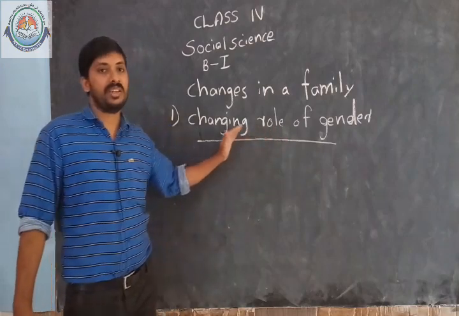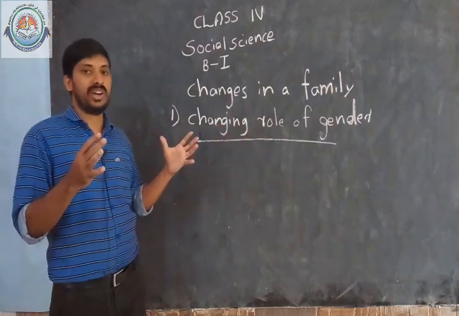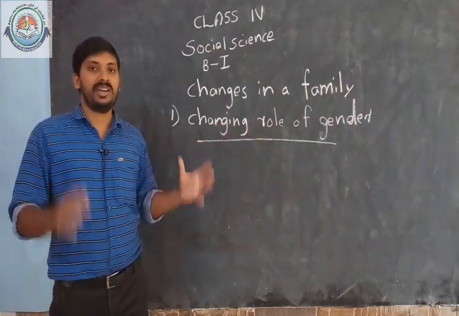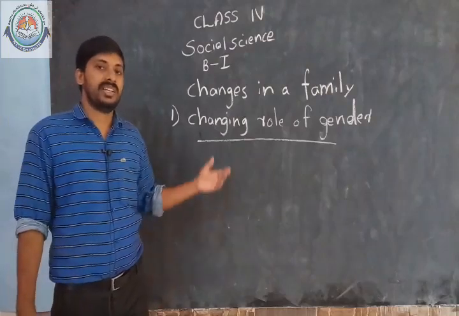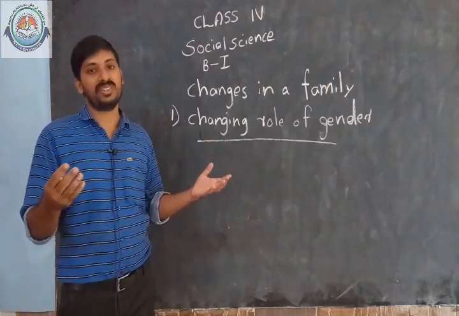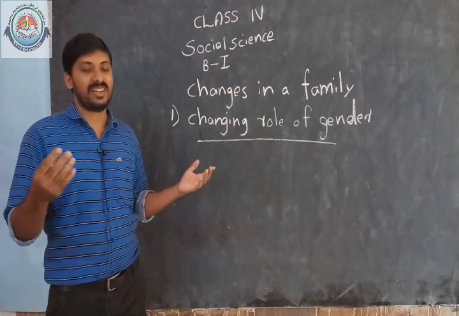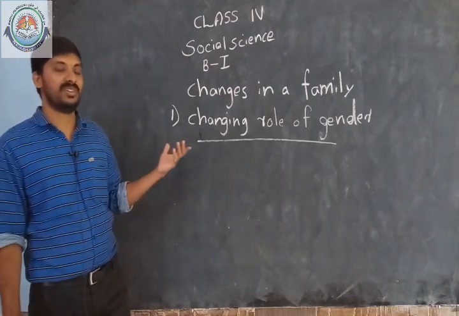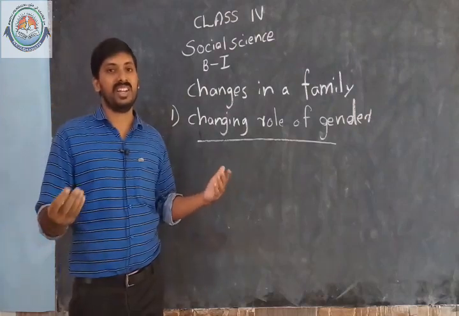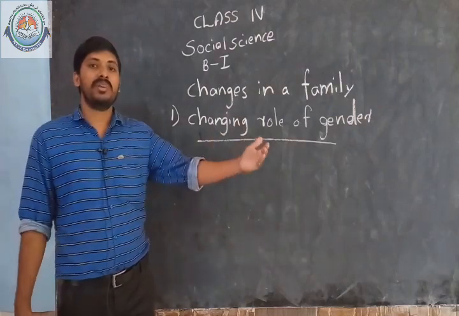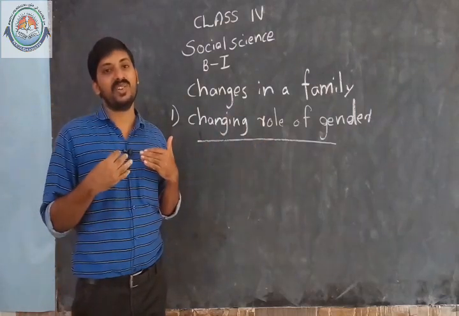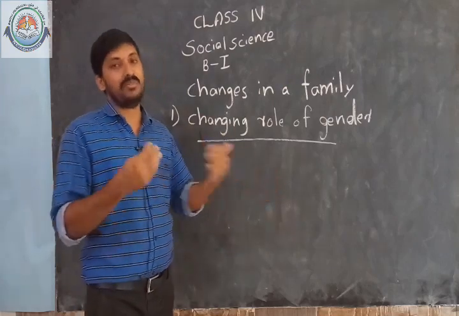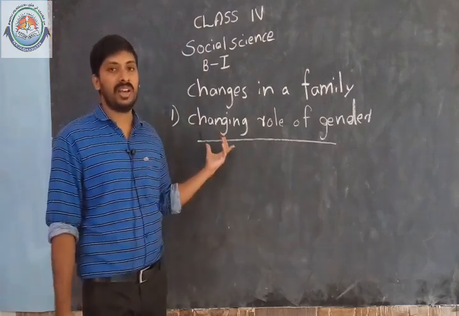One day Rahul and Gayatri are playing with each other. Rahul says, we can play house. It's a type of game, house. Okay, Gayatri said, we can play. Rahul said, you will be mommy, I will be daddy. Okay, Gayatri said.